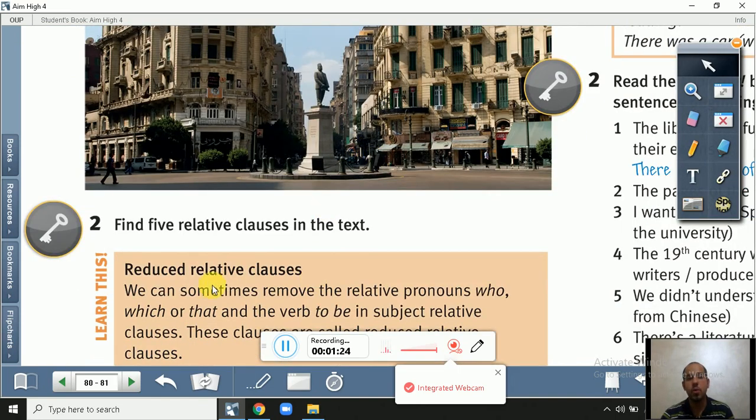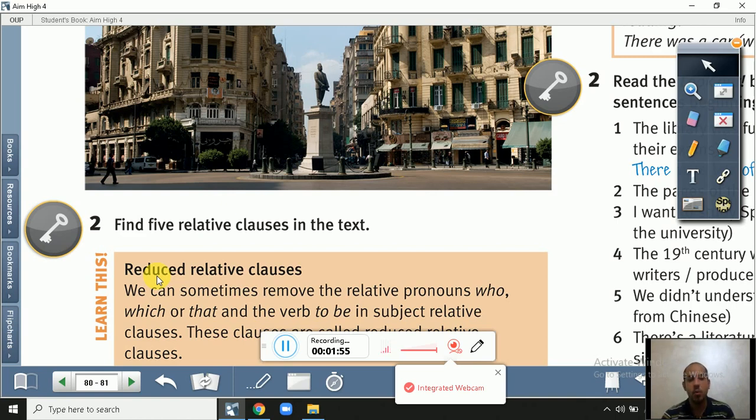Now, first of all, what do we mean by the reduction process? To reduce something means to make it shorter and smaller. So we reduce the relative clause to make our sentence shorter and to make our speech more simple.